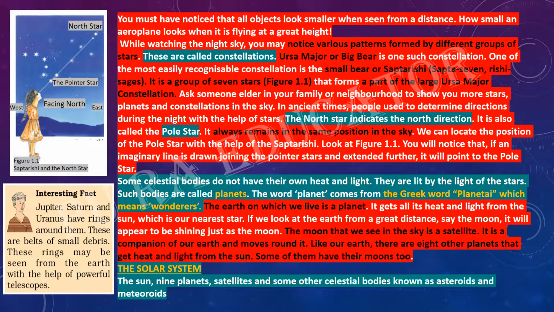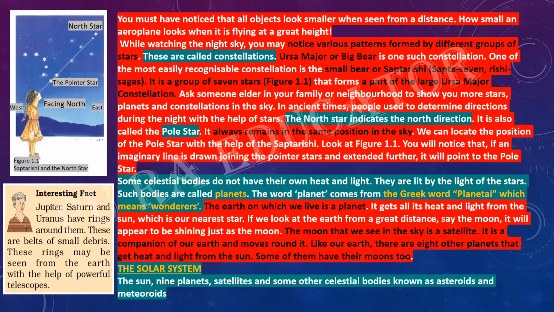If we look at the earth from a distance, it looks blue in color because it is 1/3 filled with water. It gets all its heat from the sun. Say the moon, it will appear to be shining just as moon with the help of the light of the sun.